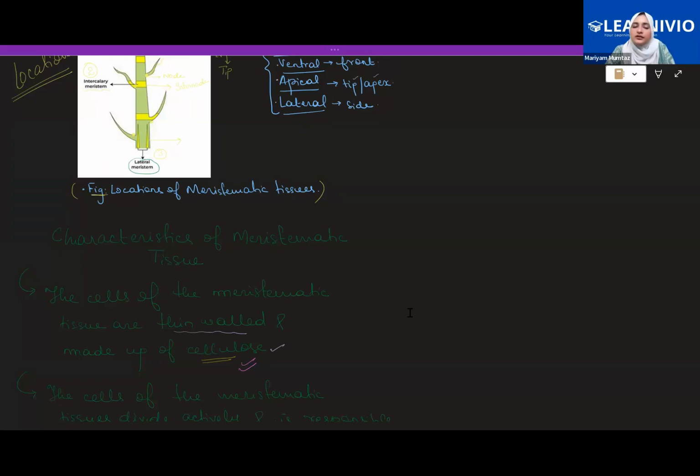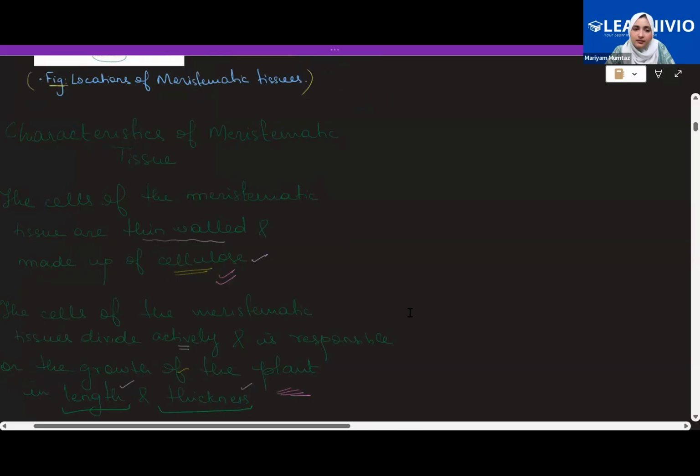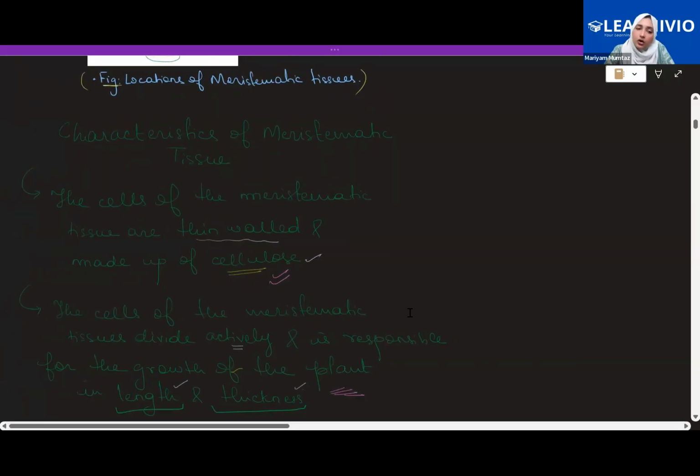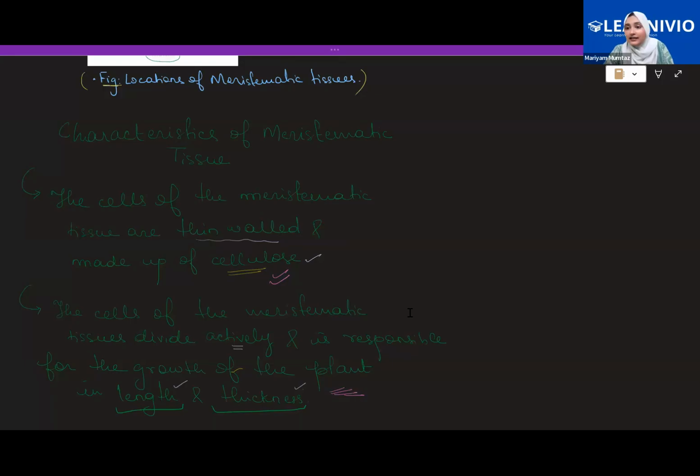Since they have to divide all their lives, they are always in active cell division. Other than that, they can never be dead. They are always living tissue. So they continuously divide. They are responsible for increase in the height of the plant and also the thickness of the plant. Clear?